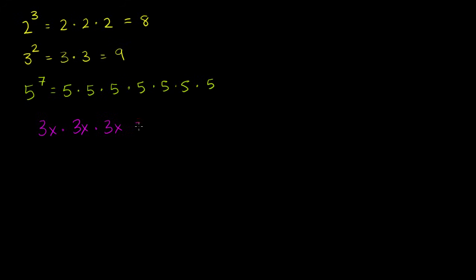So this is going to be the same thing as 3 times 3 times 3 times x times x times x. And just based on what we reviewed, 3 times 3 3 times, that's 3 to the third power. And x times itself 3 times, that's x to the third power.